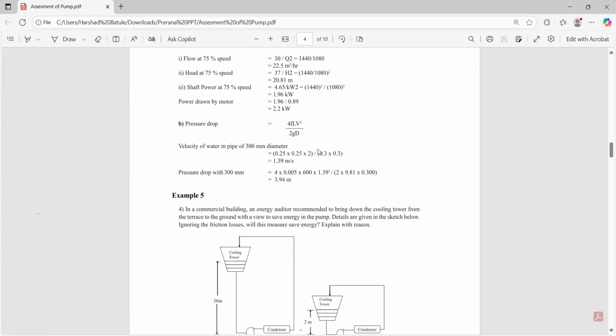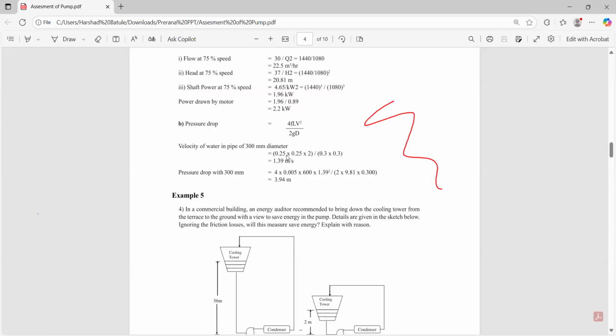So your initial velocity was 2 meter per second in the 250 mm dia pipe. You need to calculate V2 in the 300 mm dia pipe. So your V1 divided by V2 is equal to the area ratio, which means you need to calculate the diameter change.